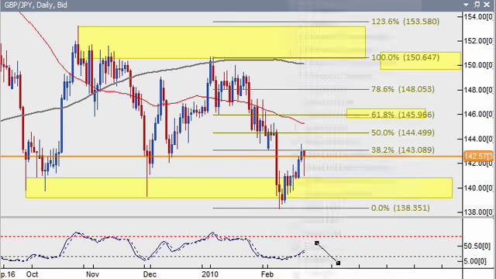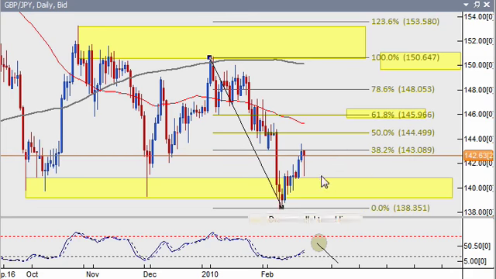So anticipating this to be simply a short-term correction, we will look at the stochastic and see if it fails to push into the bullish zone and drops below, then that would indicate to me a possible swing projection from wherever the retracement might terminate.